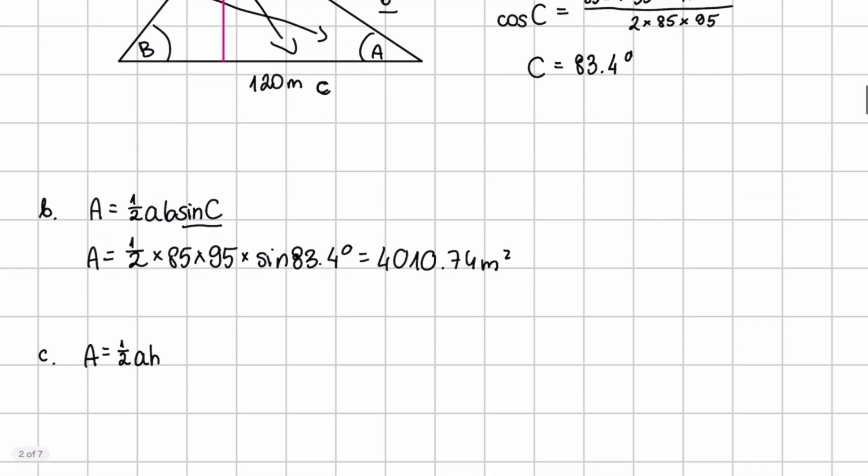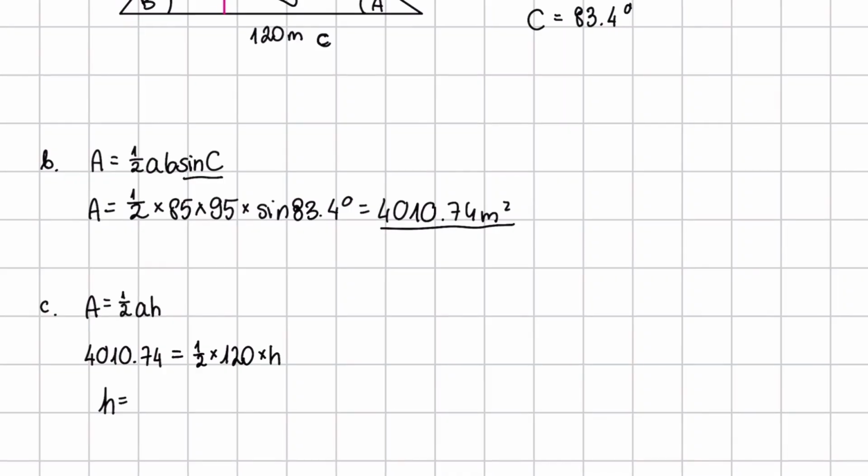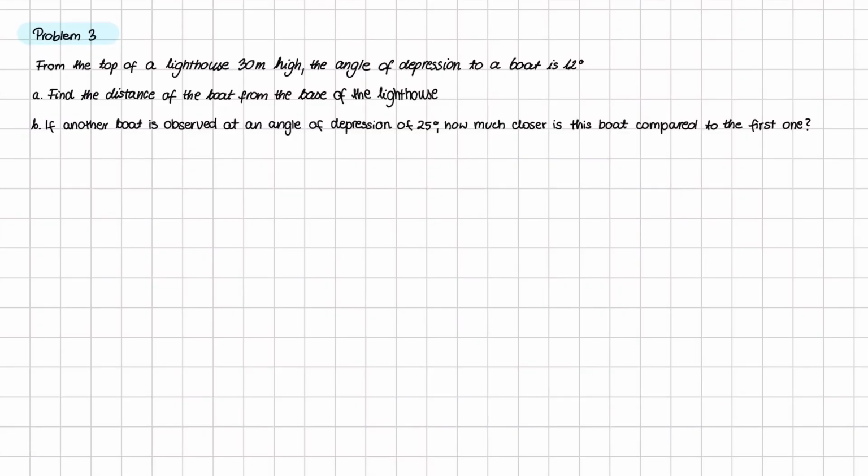We know that the area is this, so 4010.74 equals 1 over 2 times a, so 120 times h, and we have to calculate h, and this is 66.8 meters.